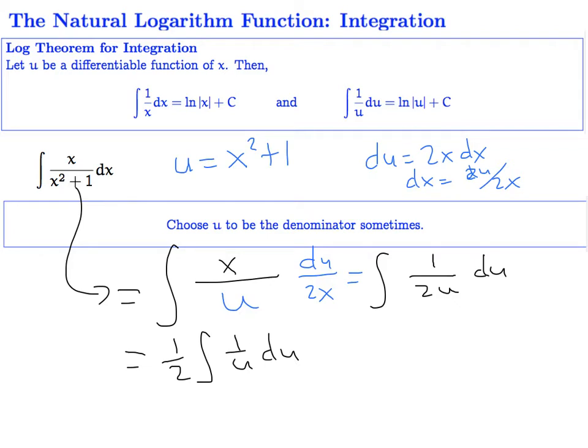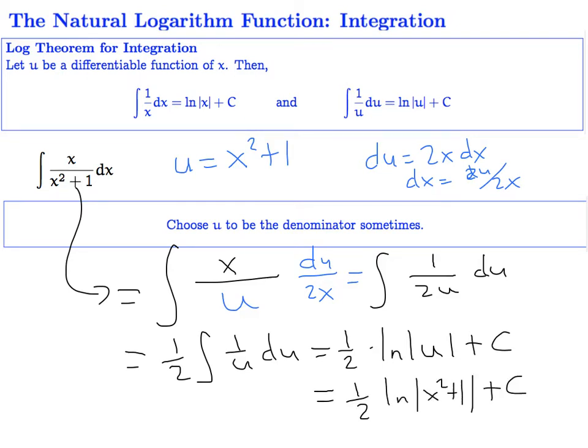And this now fits our nice log theorem for integration form. So this is going to be 1/2 times the natural log of the absolute value of u plus c. And finally, we need to replace with our x's, so we get 1/2 the natural log of x squared plus 1 plus c after all our replacements are done.